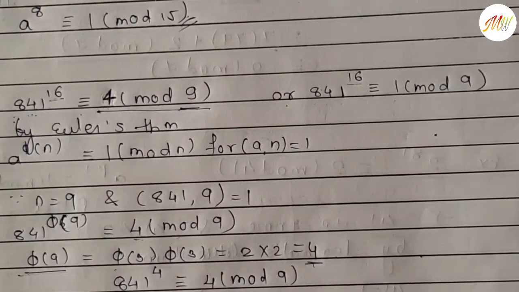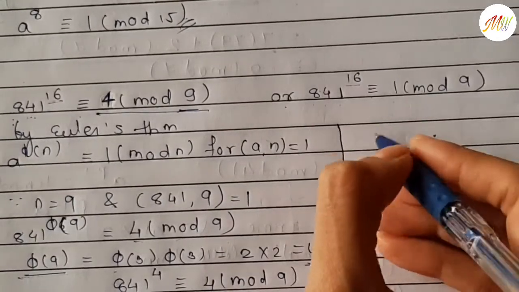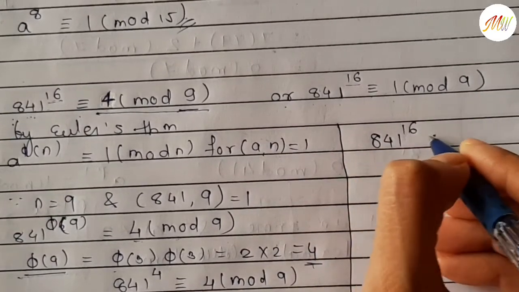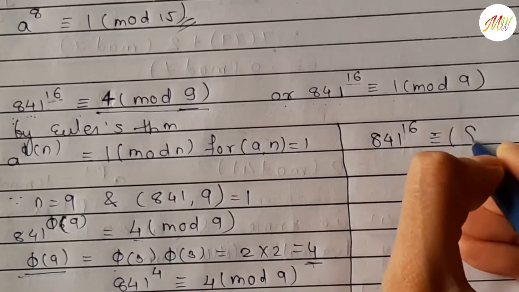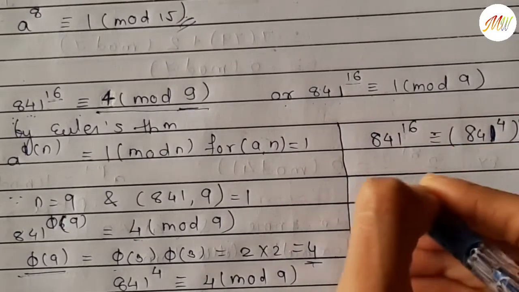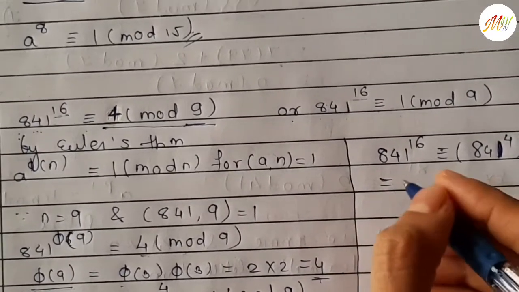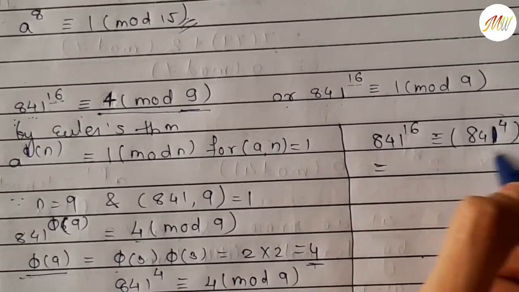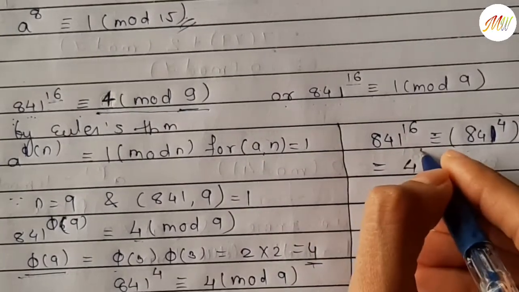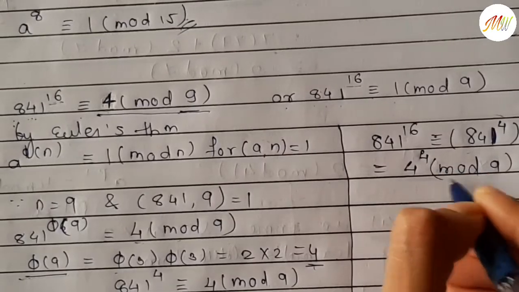So what we do, we write here 841 to the power 16 is congruent to 841 to the power 4 into 4. Okay, which is equal to, what is the value of this? Is 4. So we write here 4 raised to 4 mod 9.